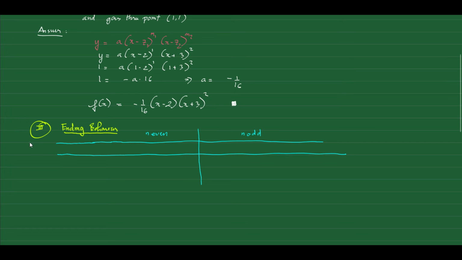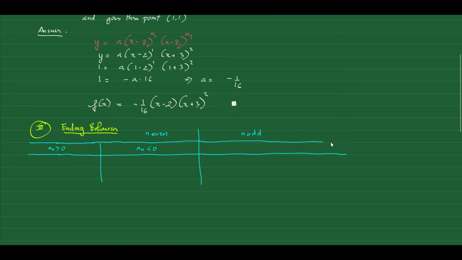Over here a sub n is greater than 0, and over here a sub n is less than 0.